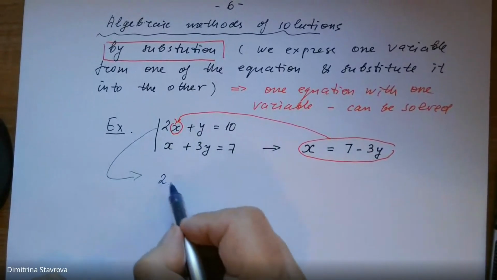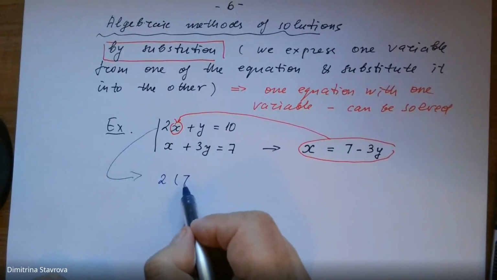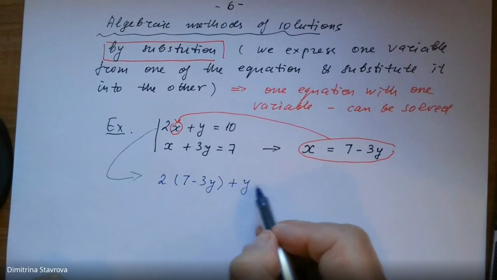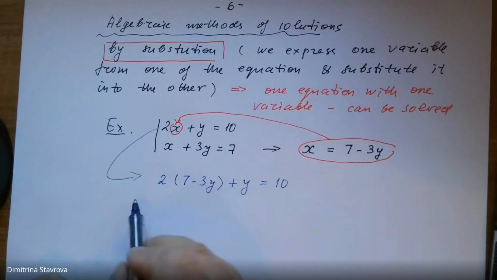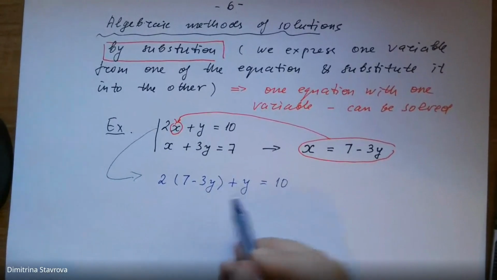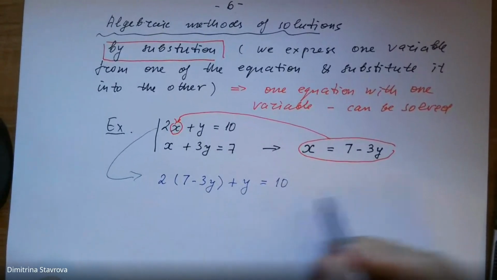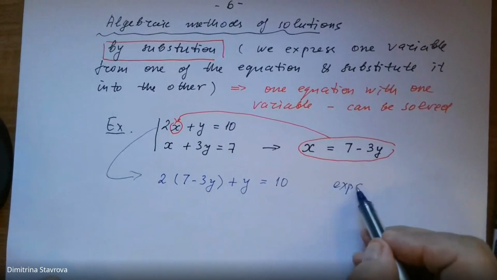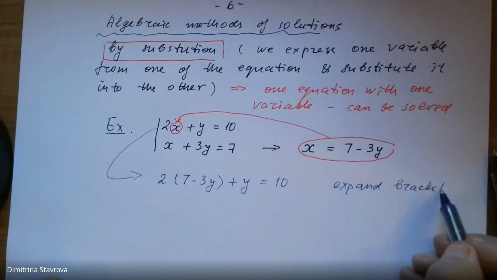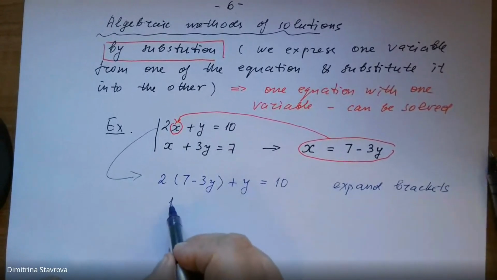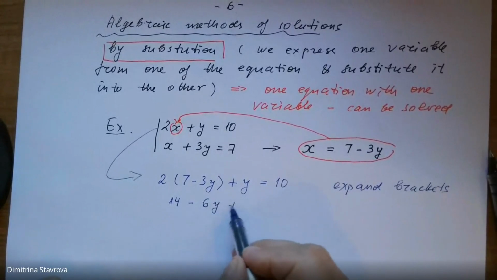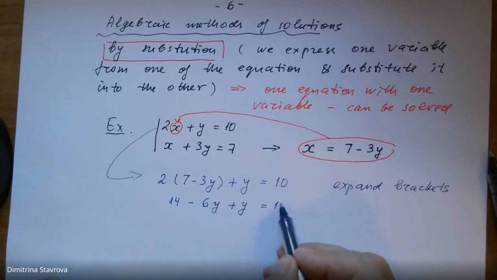As a result, we get the following. 2 times, instead of x, we write (7 minus 3y), plus y equals 10. We expand the brackets, and we get 14 minus 6y plus y equals 10.